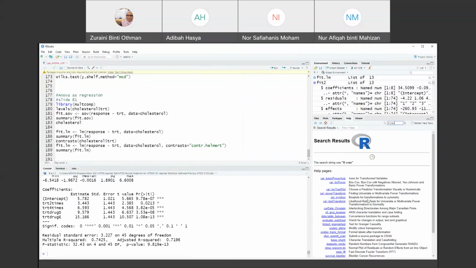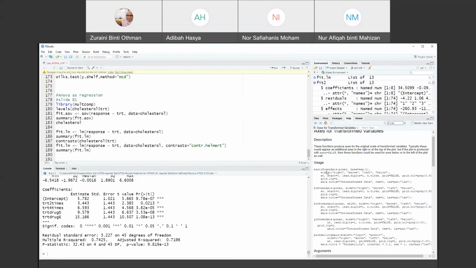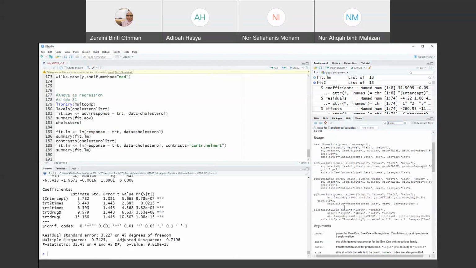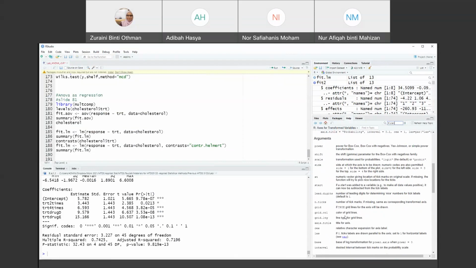For example, if we want to look at car, what is basic about the axis? This is the basic power axis in car, the package we used earlier. All the documentation is there.